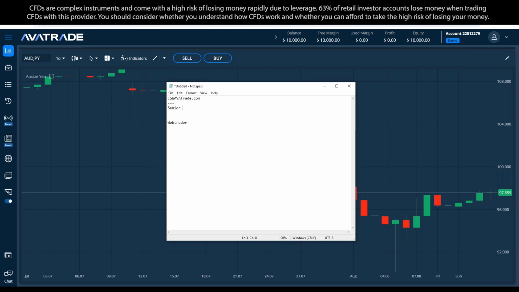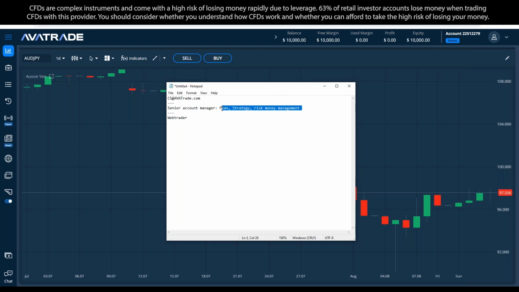We also have a senior account manager to provide you with assistance regarding trading. Therefore, the customer service is taking care of customer service. The senior account manager is taking care of all the trading queries, such as plan, strategy, risk and money management, and some other things.